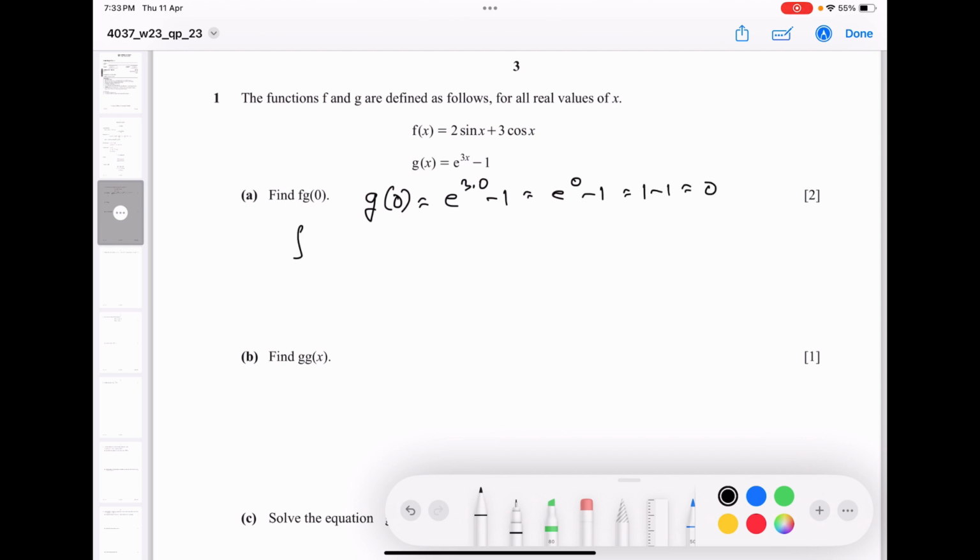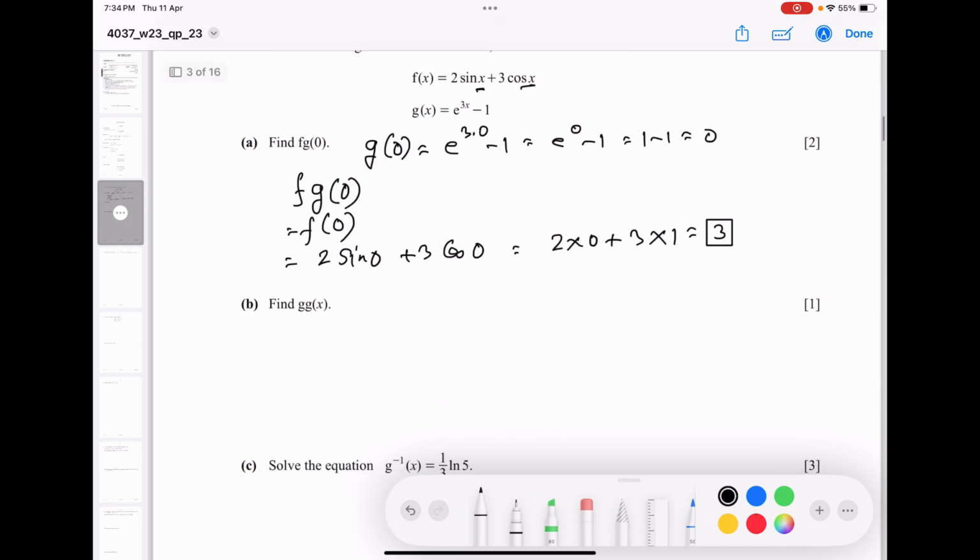Since we are going to find f(g(0)), and I already got g(0) as 0, in f(x), instead of x, let me put 0. 2 times sin 0 plus 3 times cos 0. Sin 0 is 0, cos 0 is 1. So 2 times 0 plus 3 times 1. If you add, the result is 3. So this is the answer for this question.